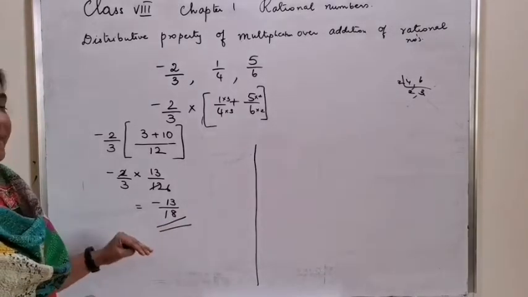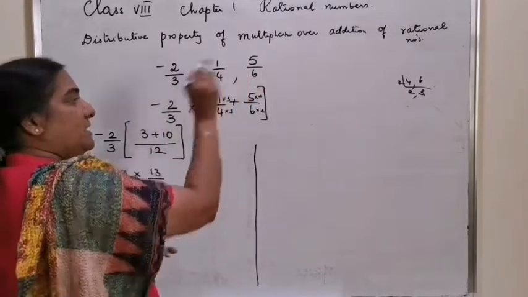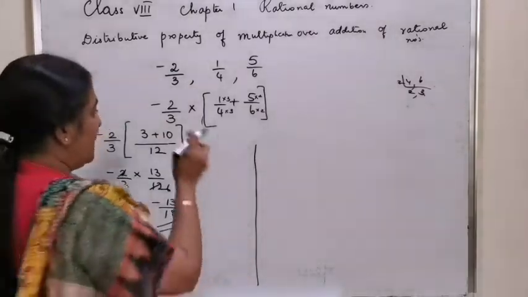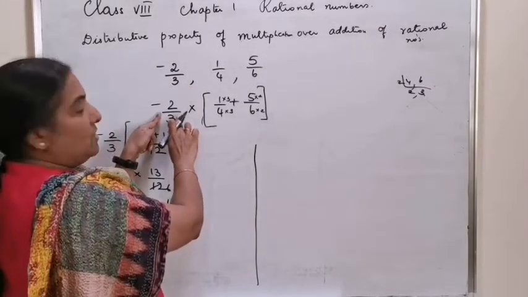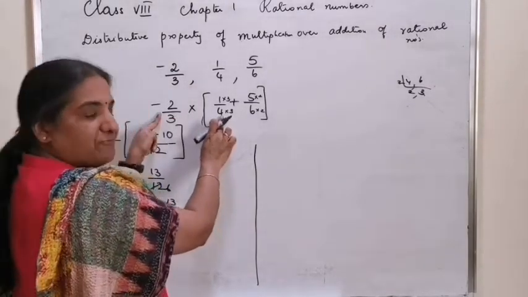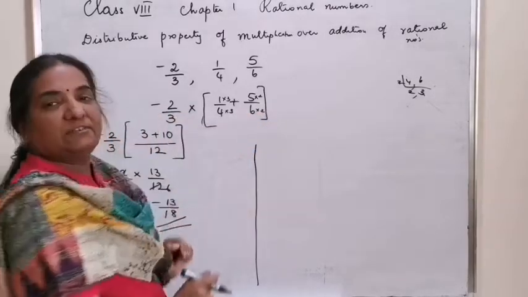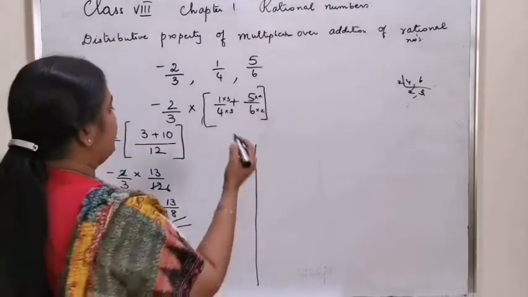We are checking the distributive law, that is, minus 2 by 3 we are going to distribute to 1 by 4 as well as to 5 by 6.